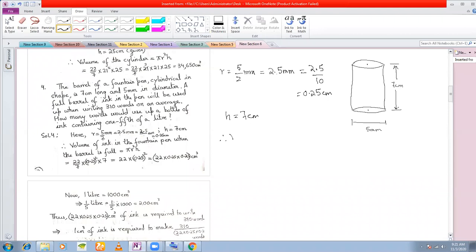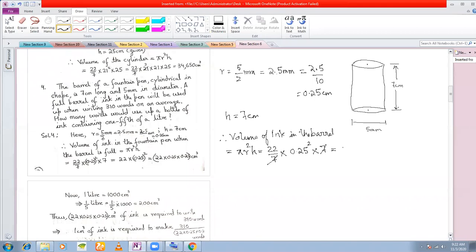So therefore, what should be the volume? Volume of ink in the barrel, pi r square h. Height is 7.